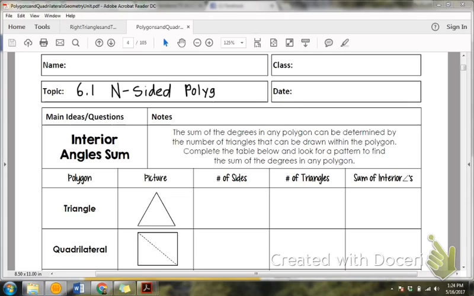N stands for the number of sides, and it's going to be changing. So we could talk about a polygon, which is just a shape, a polygon that has four sides, a polygon that has 10 sides, a polygon that has 25 sides. So we're just going to put N there so that as we change it, it's not a huge deal.